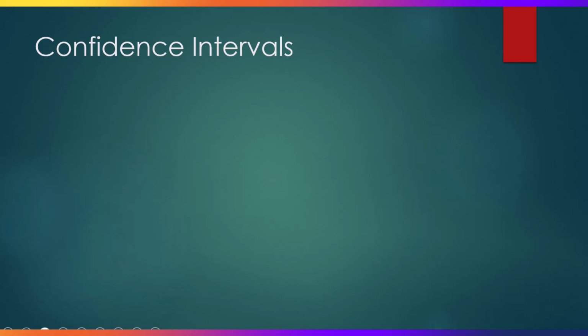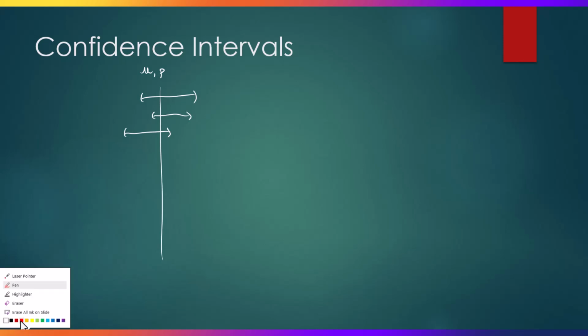So confidence intervals in general, we're going to have some kind of target here that we're hitting. This is the parameter. This could be mu, this could be p, something for the population. And what we're doing is taking samples, and these samples give us ranges just based on our analysis, and some will hit and some will miss. These are the intervals here.